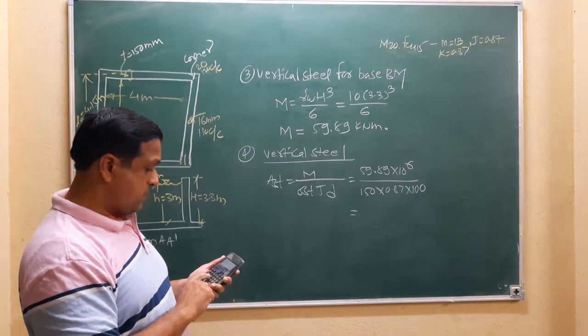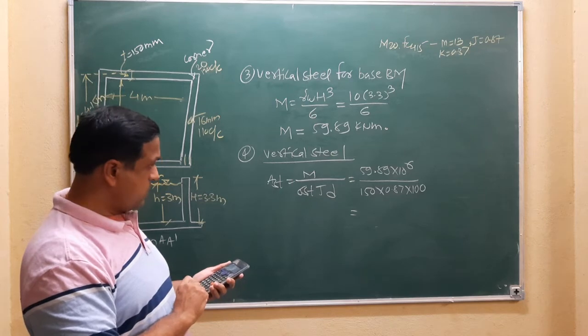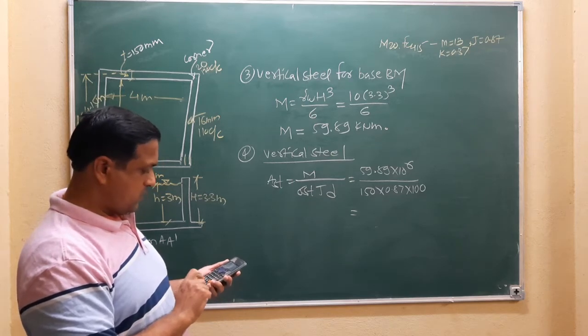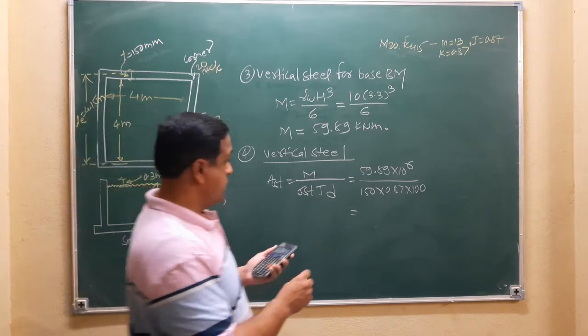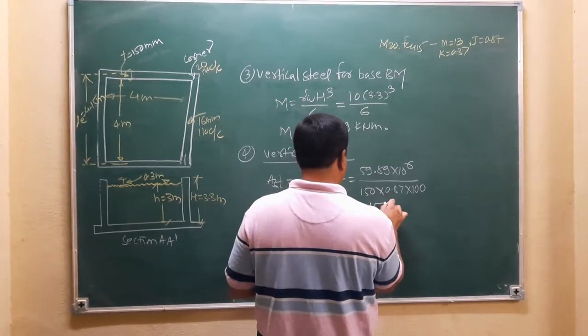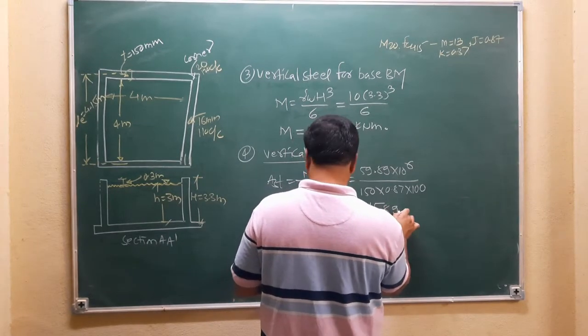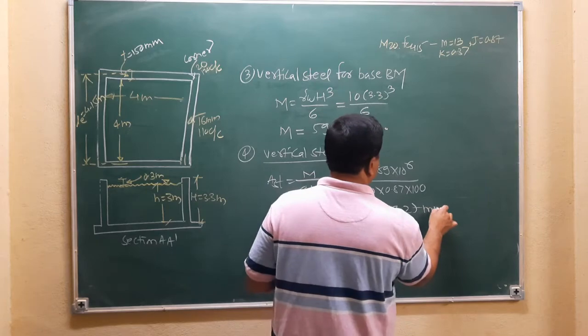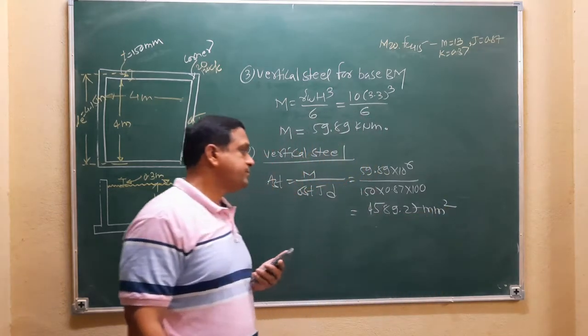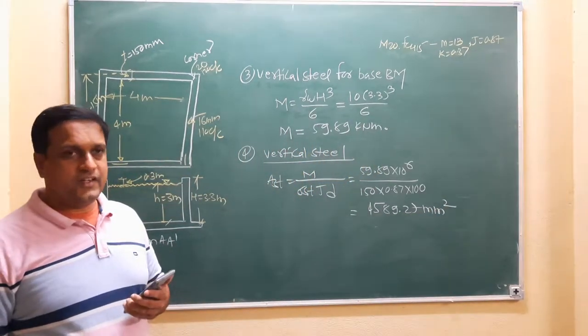So it is 4589.27 mm square. So this steel is a high steel.